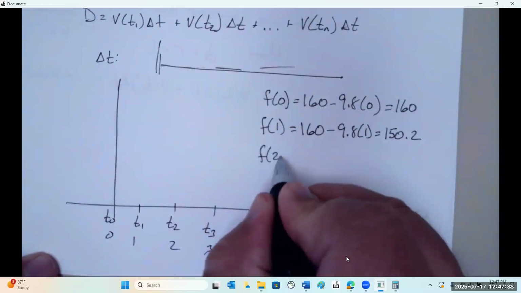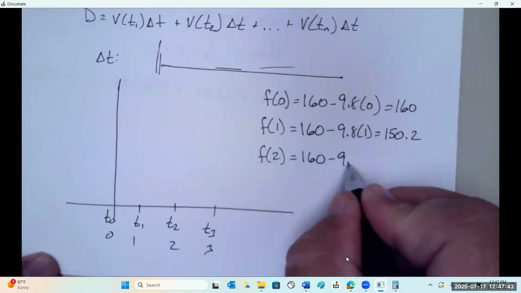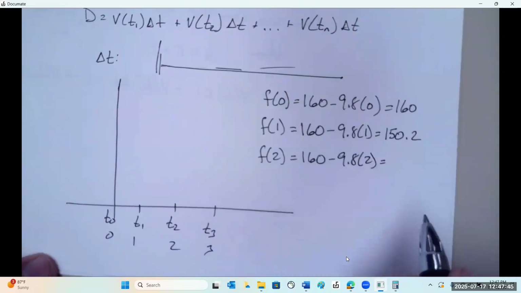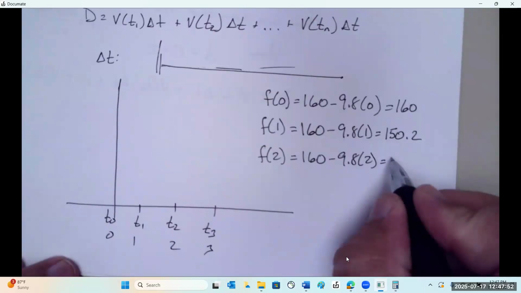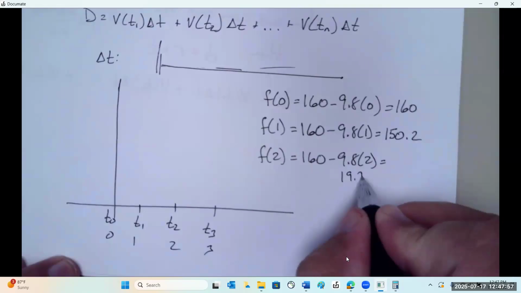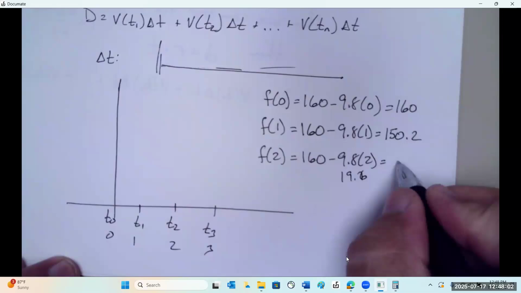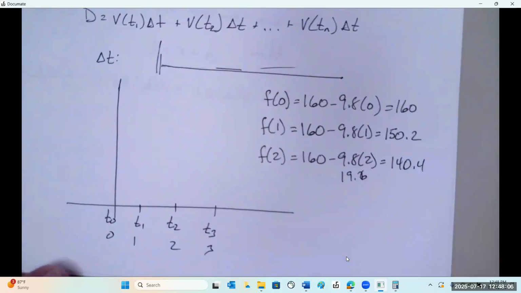What is it at 2 seconds? 9.8 times 2 is 19.6, so we have 160 minus 19.6, which is 140.4.